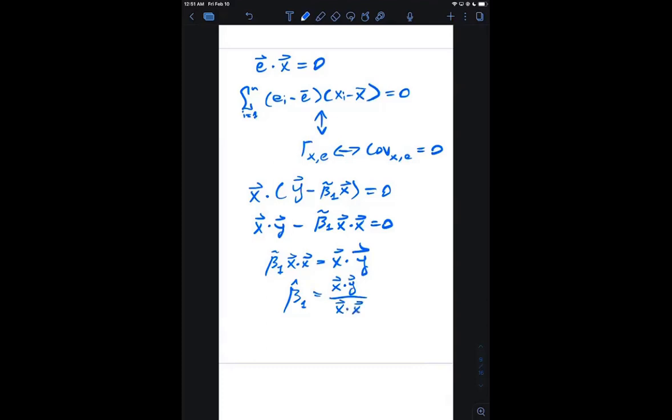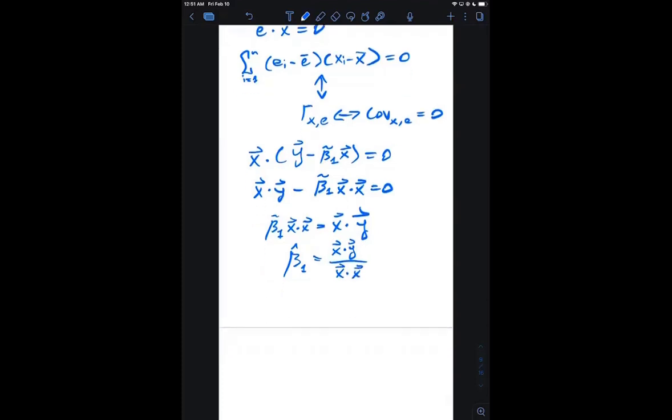Now this is very exciting because you'll notice something cool. We remember that these are centered.